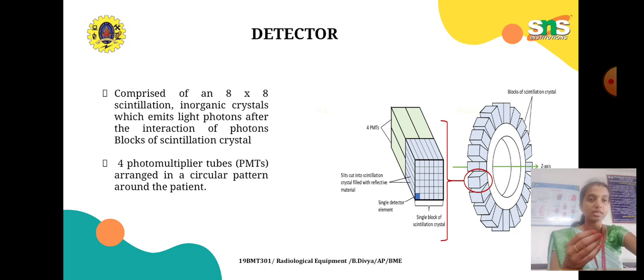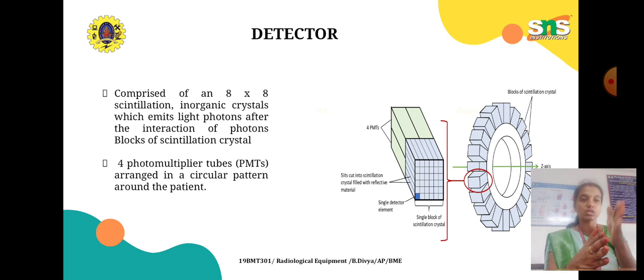That is called scintillation. A single block of scintillation crystal is shown in the diagram. This is a single detector element. Each one consists of 8x8 scintillation inorganic crystals which emit light photons after the interaction of photons.